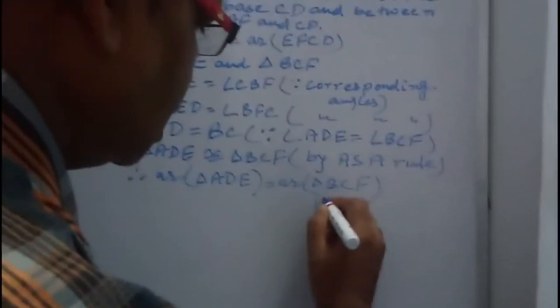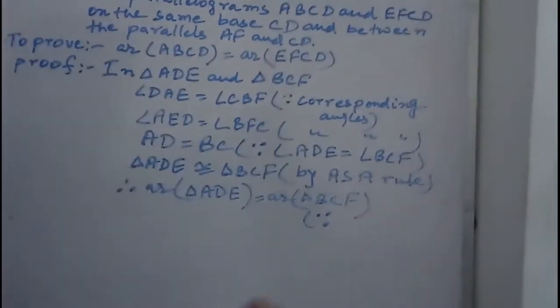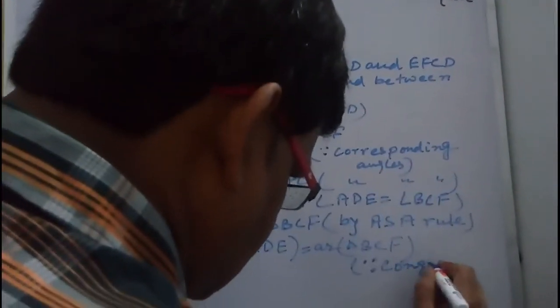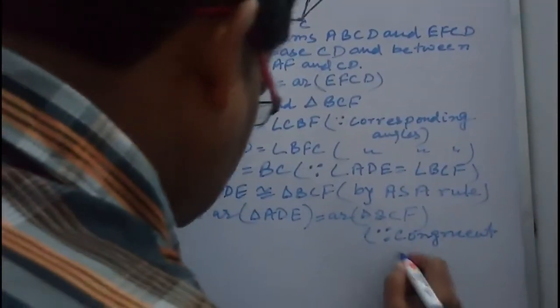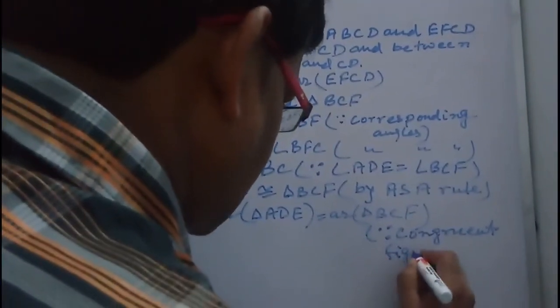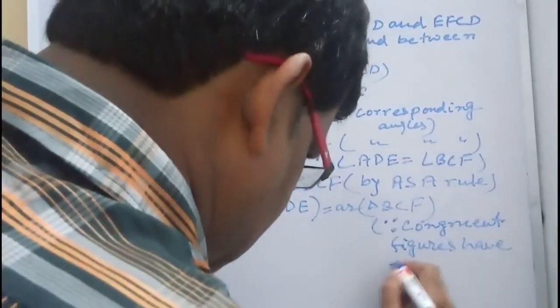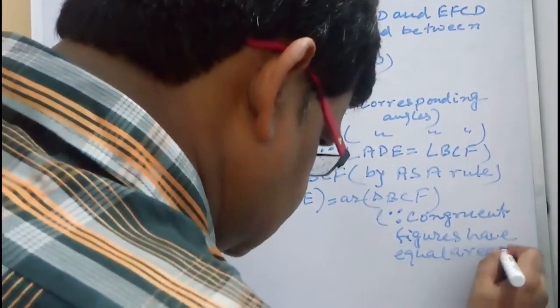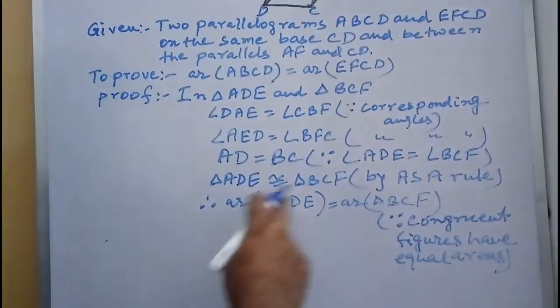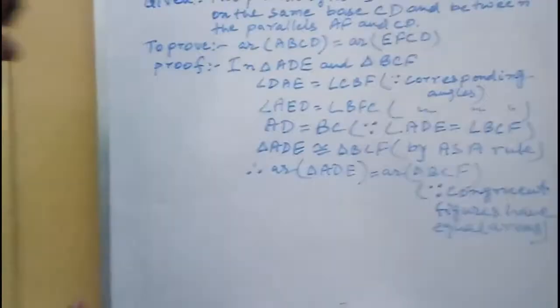The reason is congruent figures have equal areas. So when these two triangles become congruent, their areas are also equal.